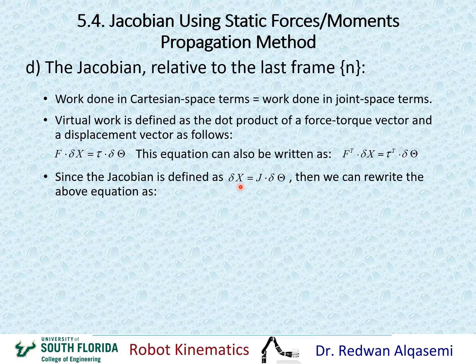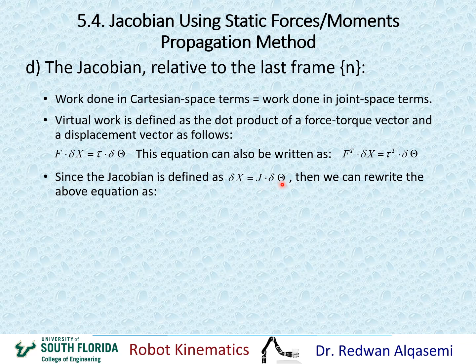Now, since we have the definition of the Jacobian as a relationship between Cartesian velocities and joint velocities, we can also represent these velocities as a rate of change in Cartesian positions and rate of change in joint positions. So it can be x dot equals J theta dot, or it can be delta x equals J delta theta.